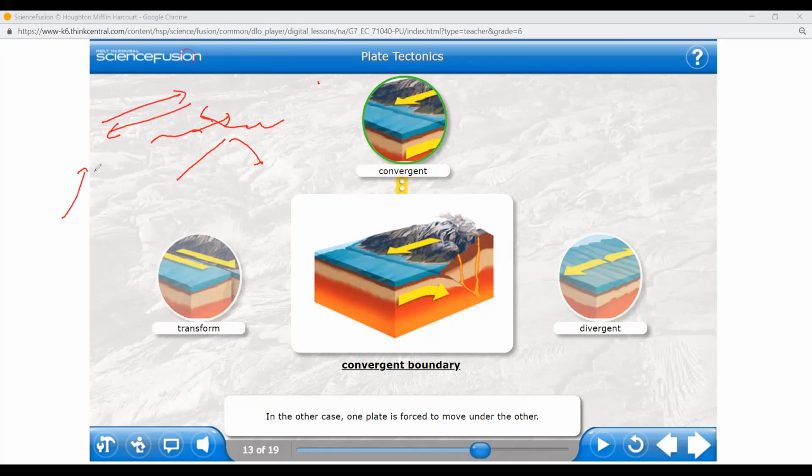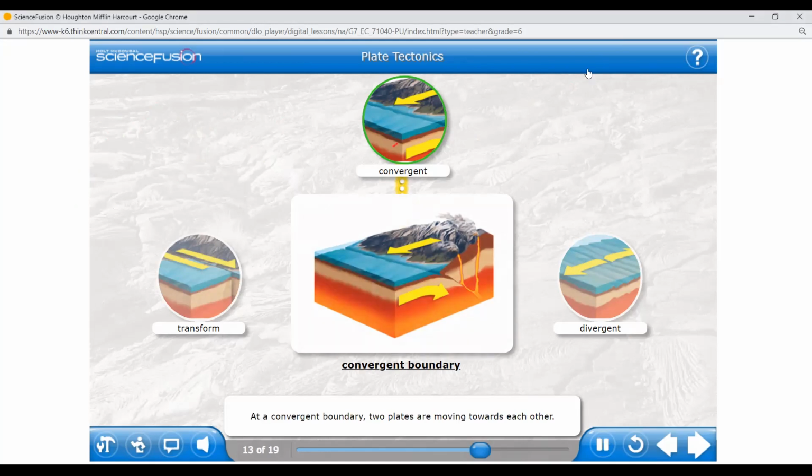Some form mountains this way, they go up. And in some, they go layer upon layer and merge into each other. They're forced to move under the other one. That is called convergent. In convergent, you will see that both of the... again, I'm going to play it so that you hear it.